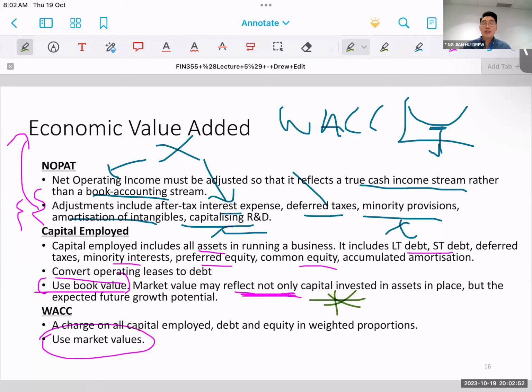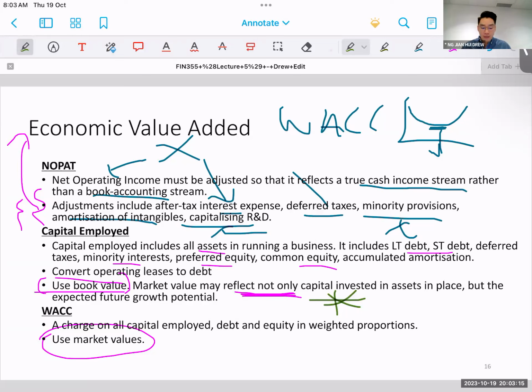We're being too optimistic or too pessimistic, depending on the market swing, on the valuation, right? Everyone understand this? Why for capital employed we are using book value, and why for WACC we always must use market value, right? So hope everyone understands this.